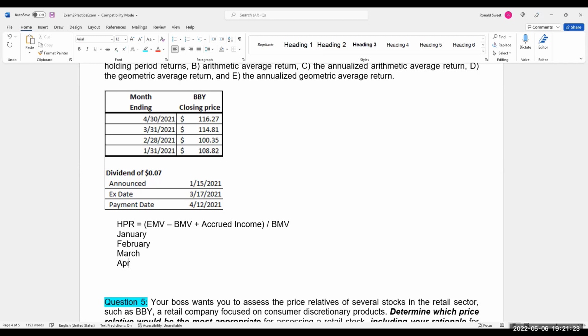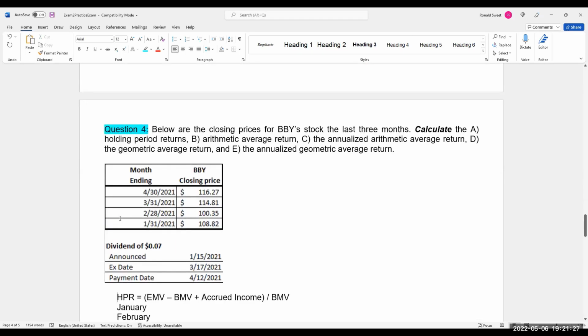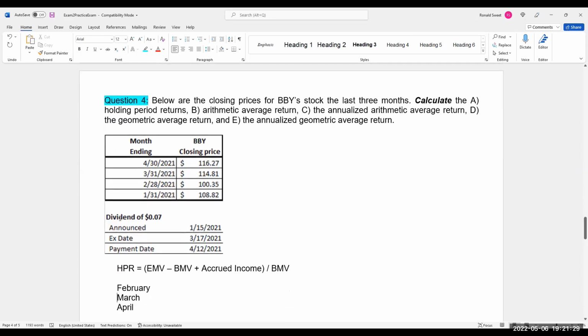For February, now when does this dividend happen? X date. So the dividend's only going to be in March. All you got to do is look at the X date. And you know you're going to have 7 cents of accrued income just in March, but everywhere else you don't. So the ending market value in February is 100.35.